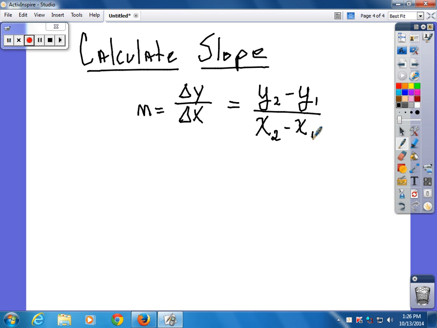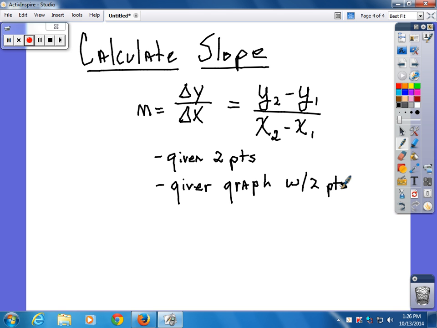Now, when are you going to be calculating the slope? You calculate the slope when you're given 2 points, or you're given a graph with 2 points. In other words, there'll be a graph with a line on it, and there'll be 2 green points on it.